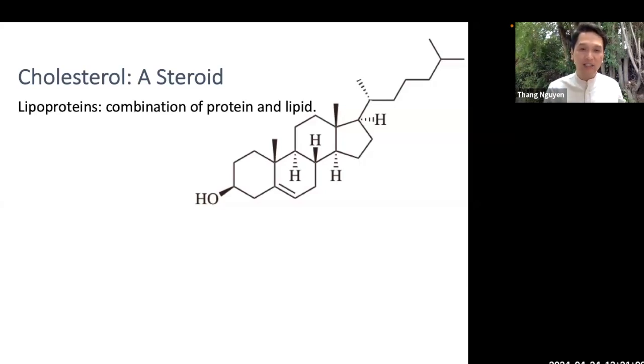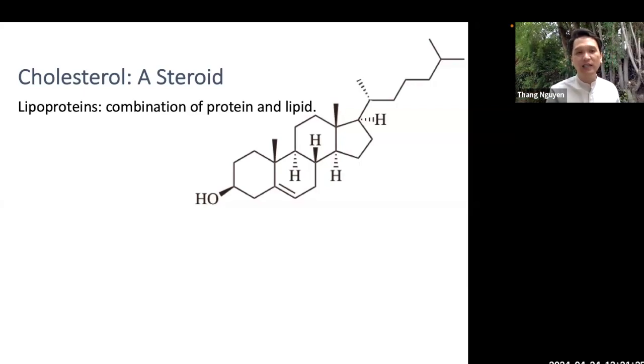Blood is basically the rivers in our body that bring everything from one place to another. So things need to be able to travel in our blood, right? But since cholesterol cannot be soluble in water, it needs almost like a chaperone, somebody to take it around in our blood system.